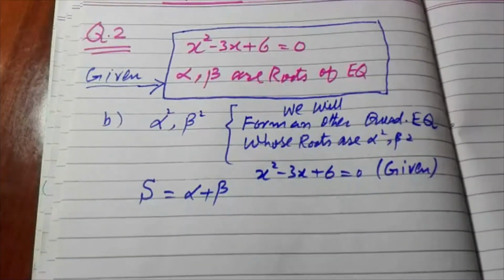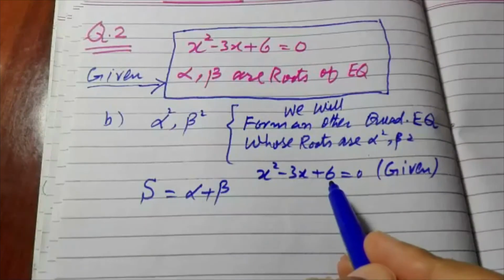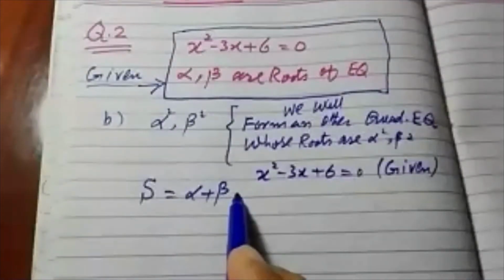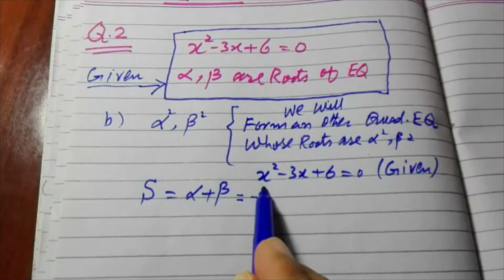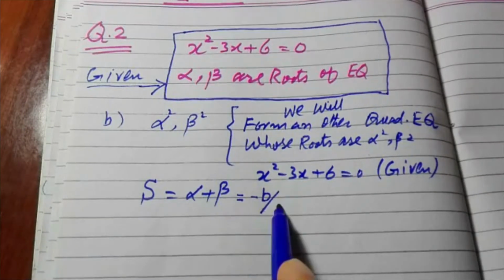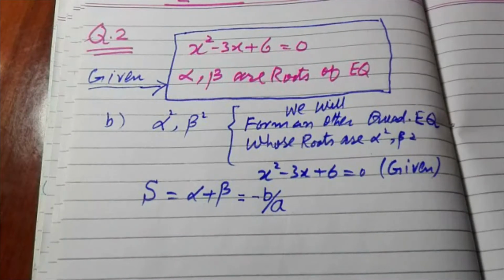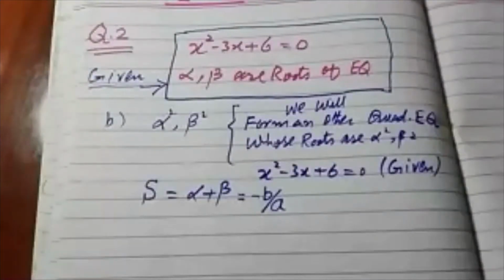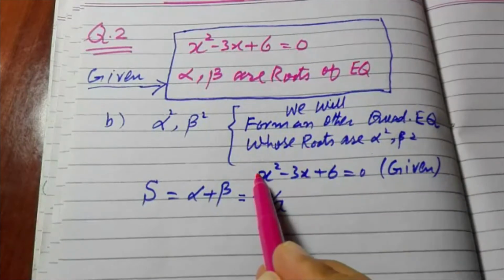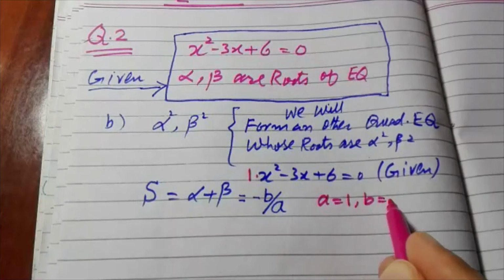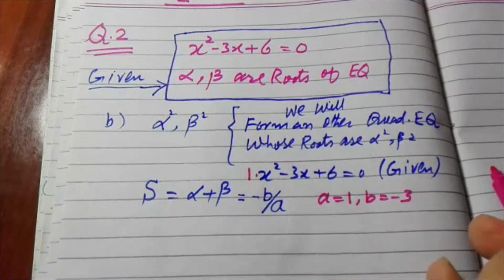By using this given information, you will first find alpha plus beta, and you have learned in a previous exercise that the sum of roots is equal to minus b over a. If you separate a, b, c from the given equation, a is equal to 1, b is equal to minus 3, and c is equal to 6.